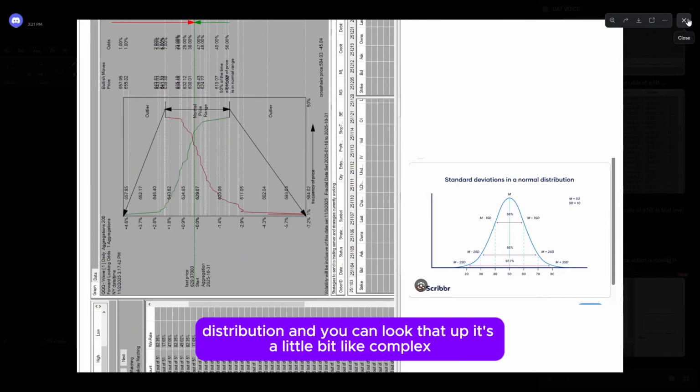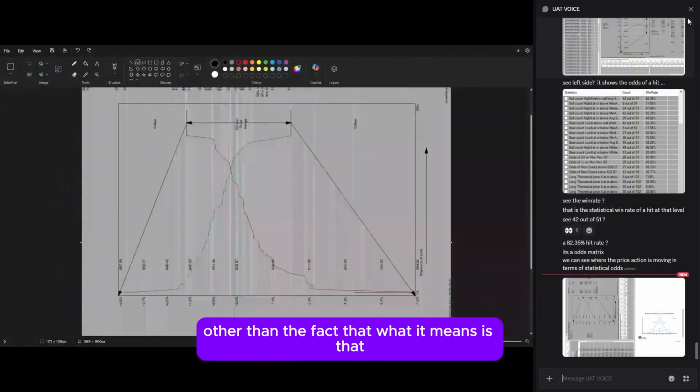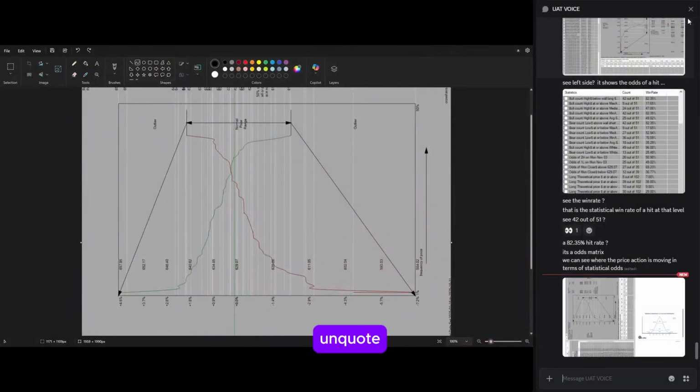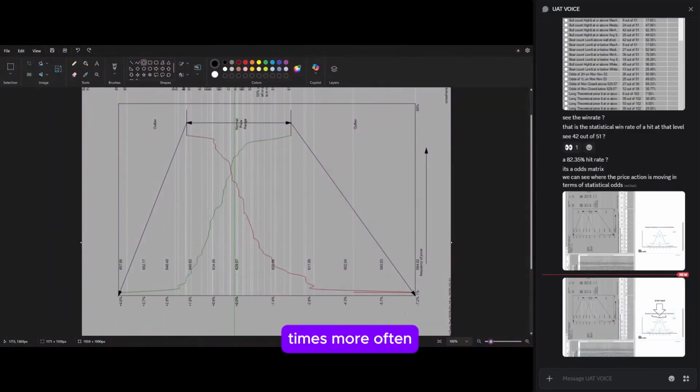It's a little complex for me to get into, other than the fact that what it means is that there are quote unquote fat tails to price action. The incidence of days where we are moving -5% occurs hundreds to hundreds of billions of times more often in price action historically than it should, compared to the normal distribution.